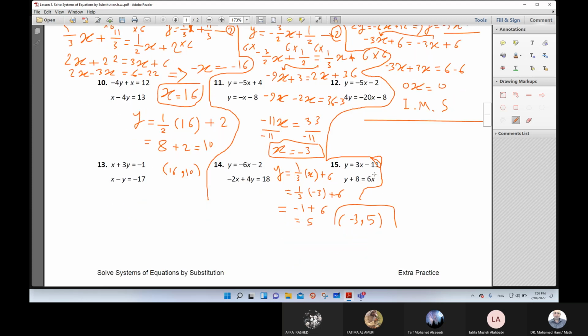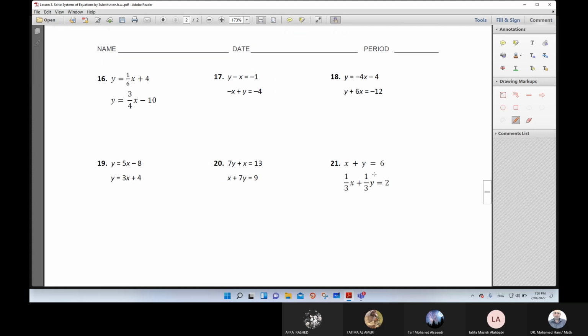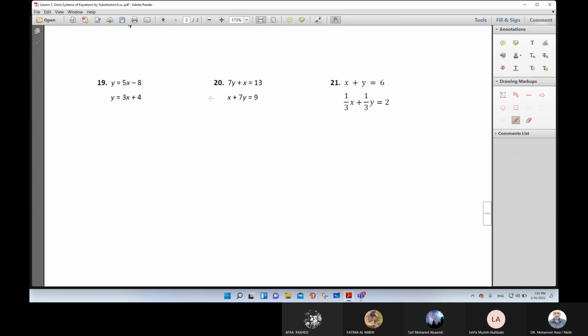Right. I want all of you now to try to solve number 19, please. Try to solve number 19.